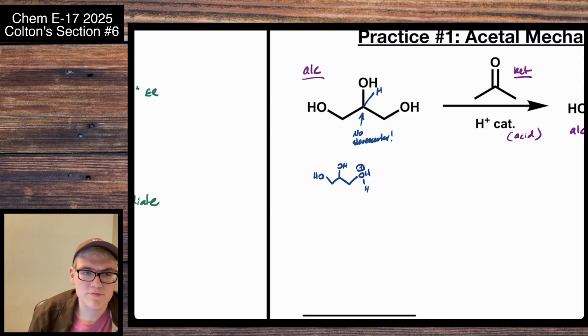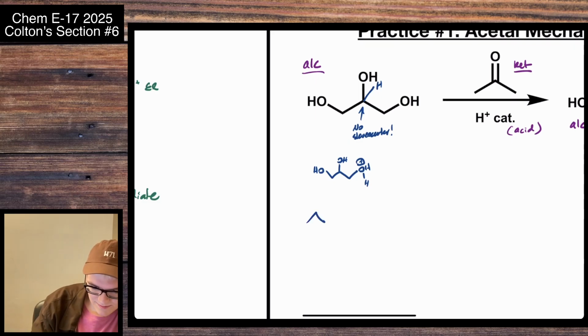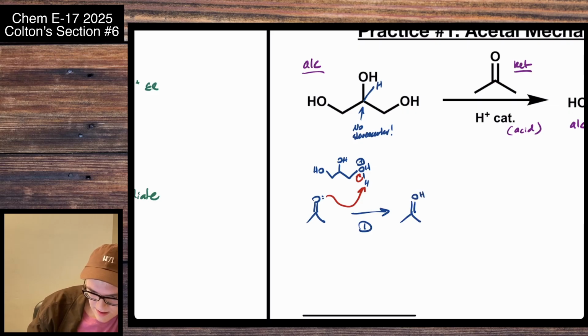And it doesn't matter which one of the alcohols you protonate, dealer's choice. And I'm going to have the lone pair on the carbonyl go and get protonated. So that's our step 1 protonation.